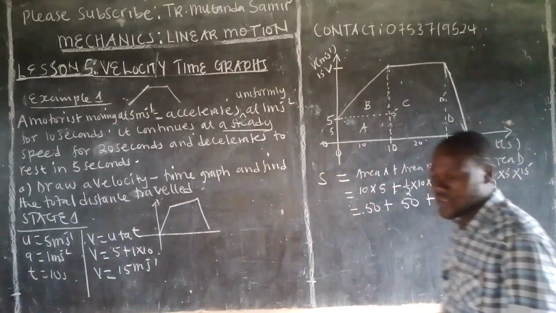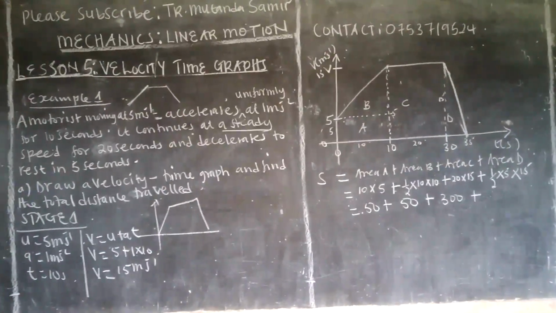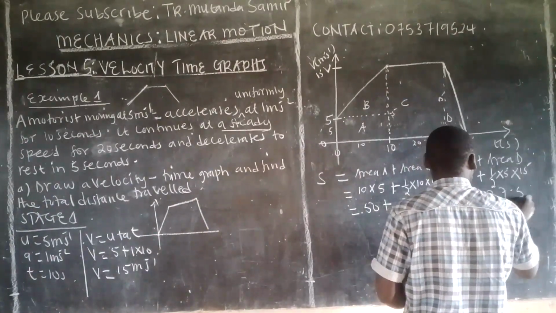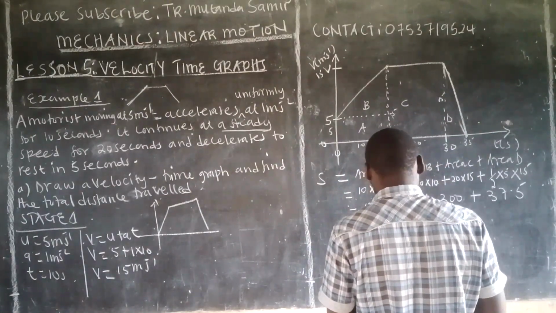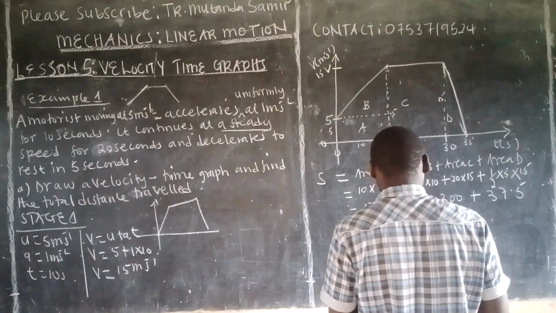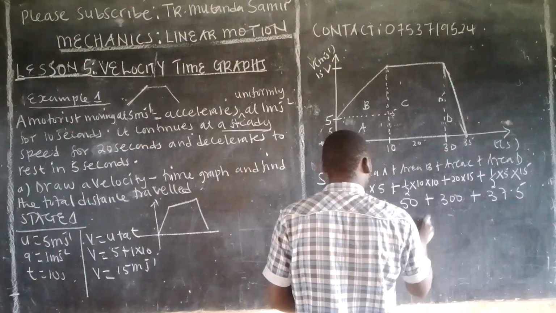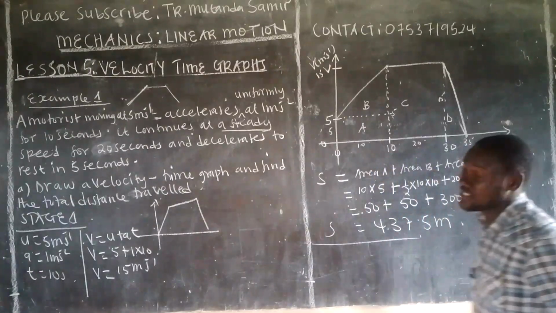So let's complete that. When you multiply, you get 37.5. Now we shall add, and that will be 400. So the final answer will just be 437.5 meters, and that is our total displacement.